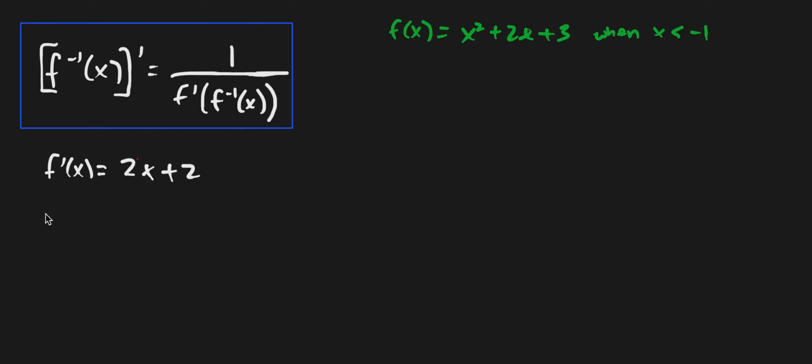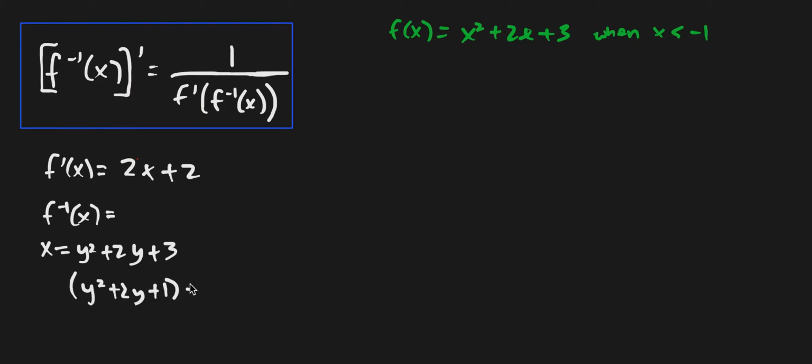This is our derivative. We have now our inverse, so we swap the x and the y values, and we get x equals y squared plus 2y plus 3. We can complete the square here, so we can just do y squared plus 2y plus 1, and then minus 1 there, so that's plus 2 equals x.